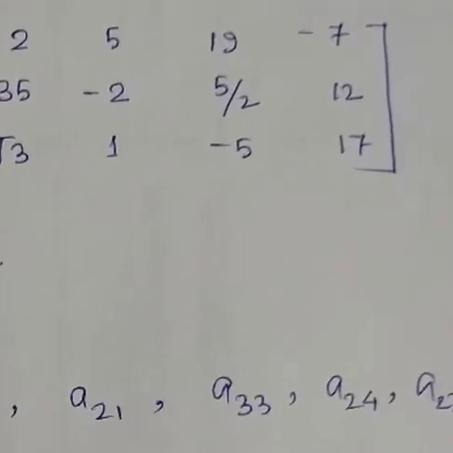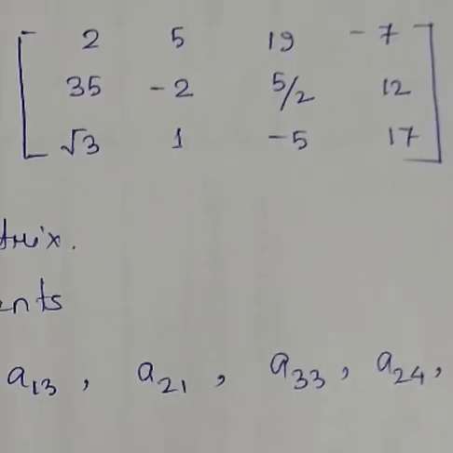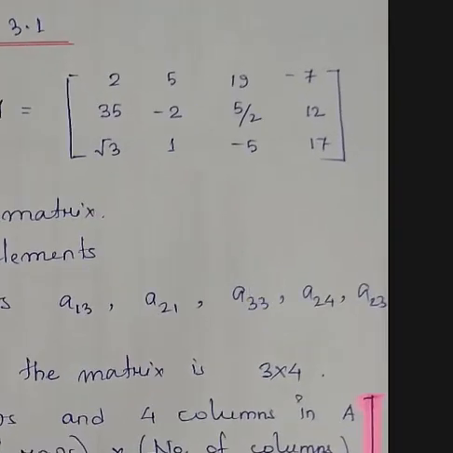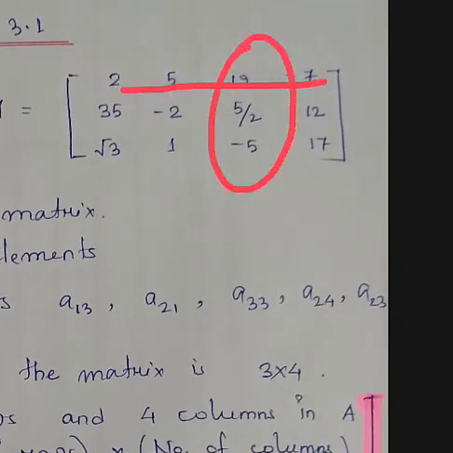Let us find out the position of A13 in the matrix. This is the first row and this is the third column. So the element lying in the first row and the third column will of course be this one.